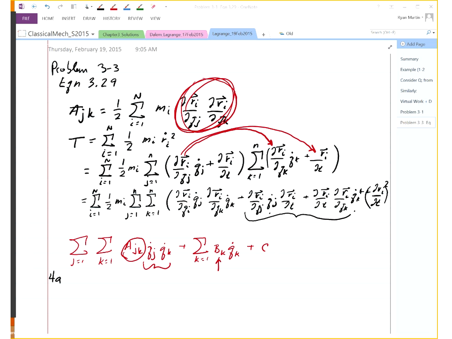Yep. Someone can't read the denominators in the second and third summations.